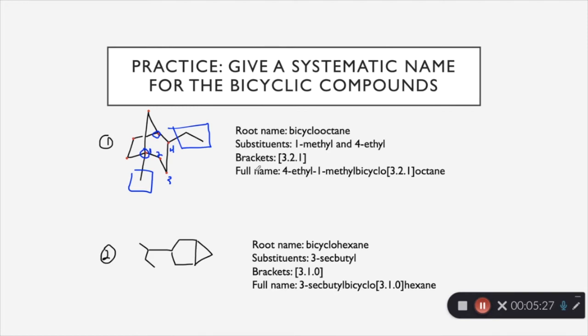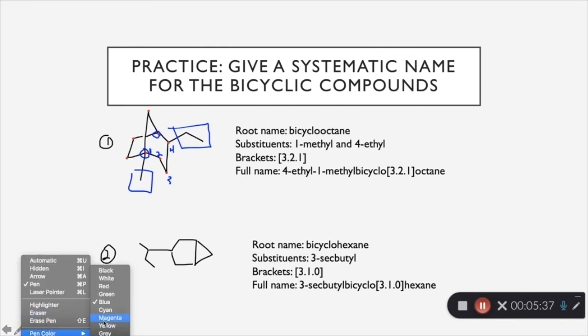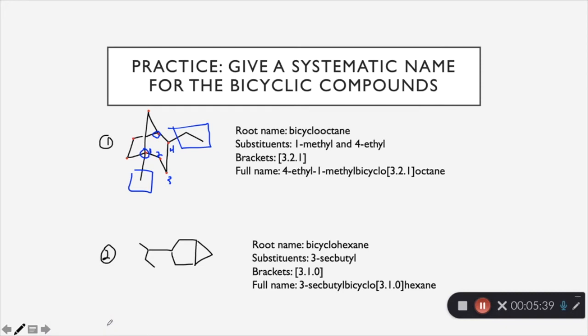The brackets, remember, are going to be non-bridgehead carbons. So I circled the bridgehead carbons, and let me get a different color here, and I'll do yellow, and we can see the non-bridgehead carbons. So that's going to be 1, 2 on this side, 1, 2, 3 on this side, and then 1 up here.